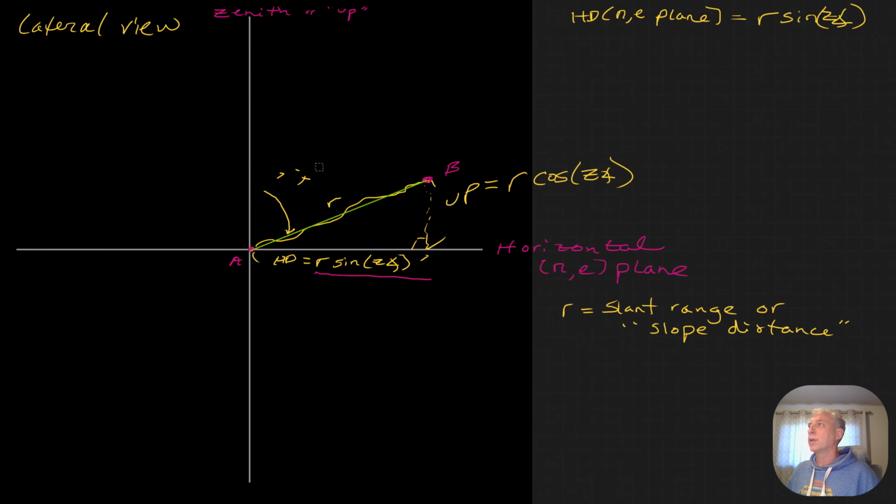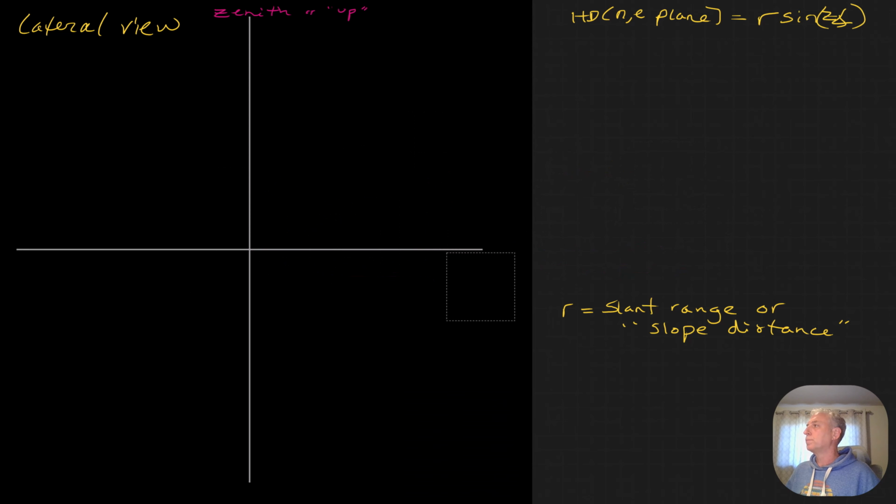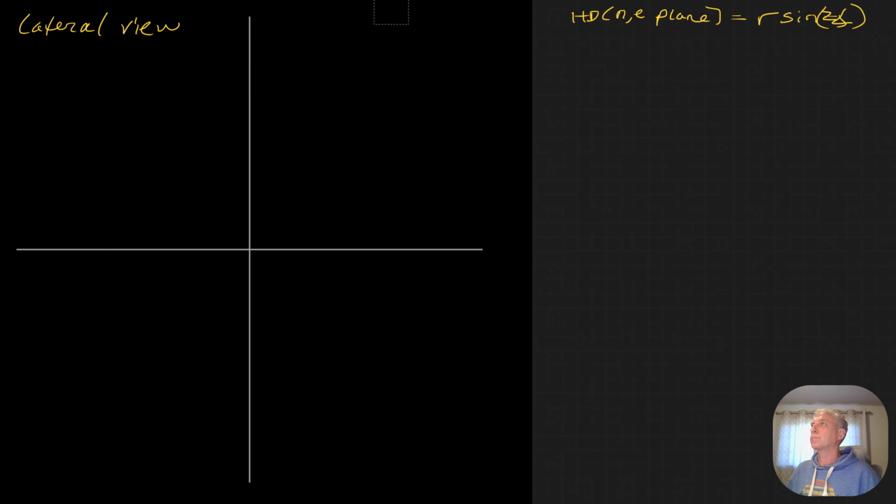Now let's consider a top-down view of the same measurement. So top view. Same measurement, but we're just looking at it from a different perspective. And again, we have our A and our instrument setup. And let's say we have B here in the northeast quadrant.